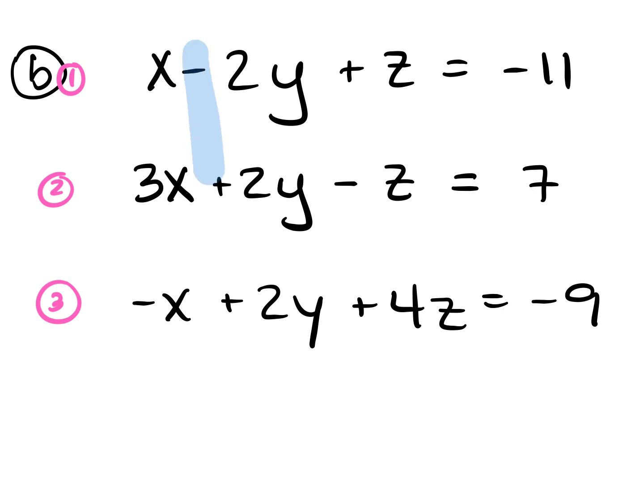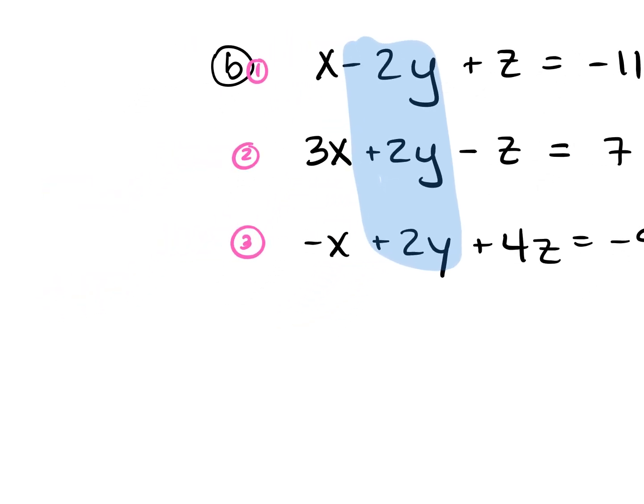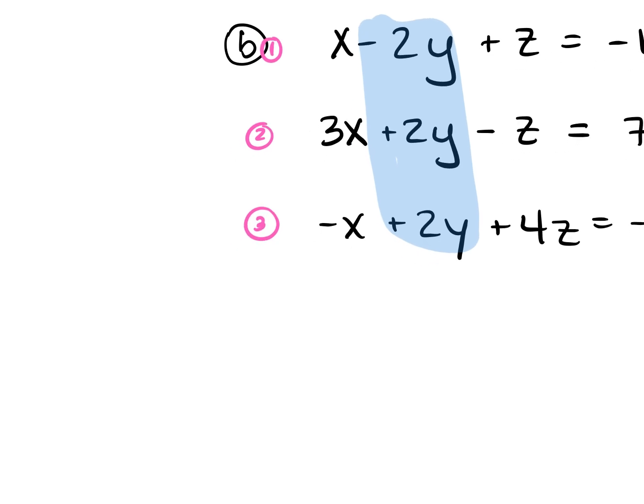Because they all are already 2y. They're all already the same number, and one of them's even an opposite, so it'll make it a little bit easier to combine together. So we're going to stick with y's to eliminate. You can do it with x's. It doesn't matter which one you pick first. It just might be a little bit more work because you'll have to make them the same number but opposites.